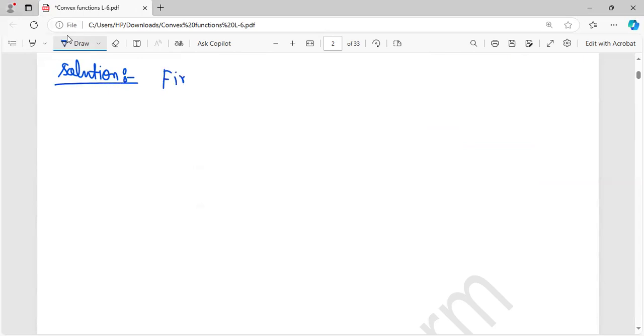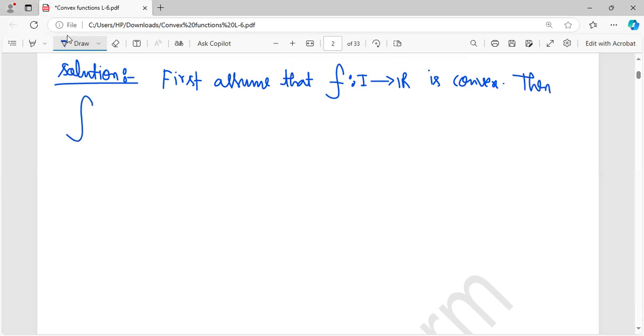First, assume that f is convex. Then for any x belongs to I, x greater than a, we have the following.